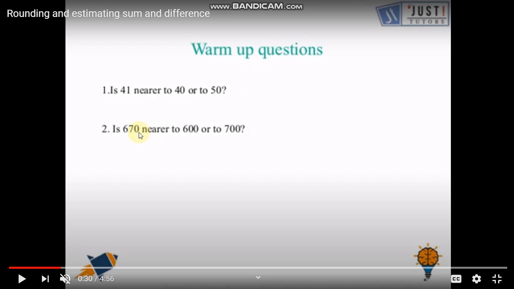Next we come to the nearest 100. For example, 670: is it nearest to 600 or 700? When we round to the nearest 100, we take the last two digits, that means the unit place and tens place.